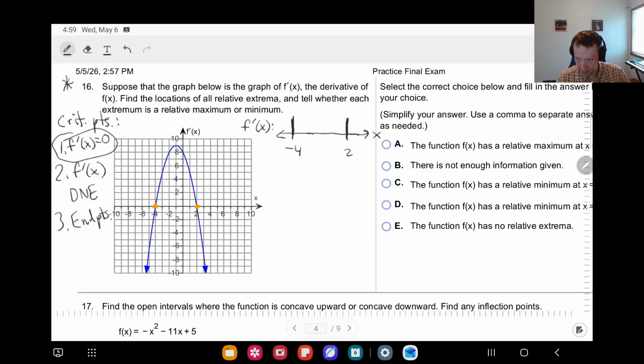The derivative is negative. So we're negative over here on the number line. When we are between -4 and 2, the derivative is positive up here. But then when we are to the right of x equals 2, the derivative is negative again. We're below the x-axis.